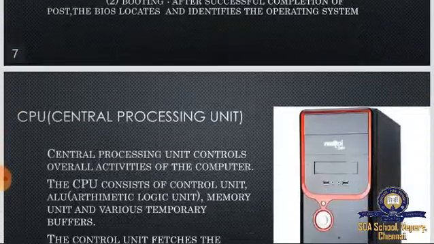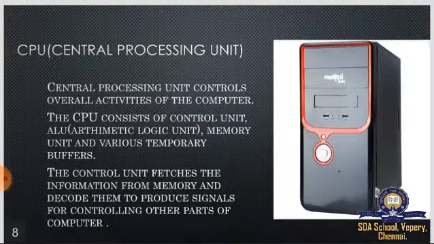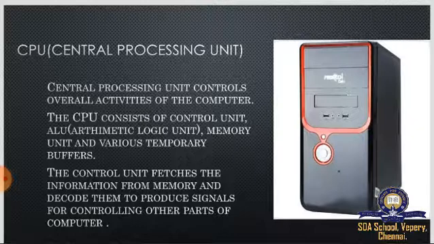Next is CPU. In 6th standard itself you have learned about CPU. Central Processing Unit controls overall activities of the computer. The CPU consists of control unit, ALU, arithmetic logic unit, memory unit and various temporary buffers.